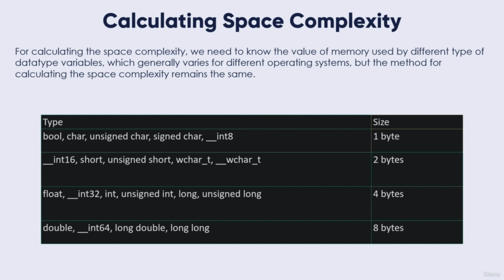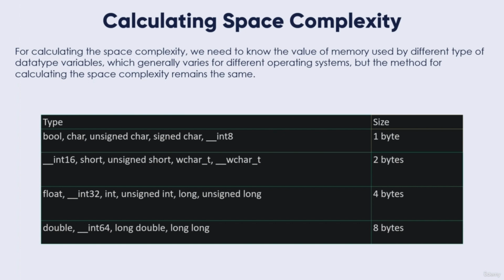For example, a Boolean takes 1 byte in memory. So 1 byte is equal to 8 bits. Also a char. In Java, C and Python, these data types are primitives.